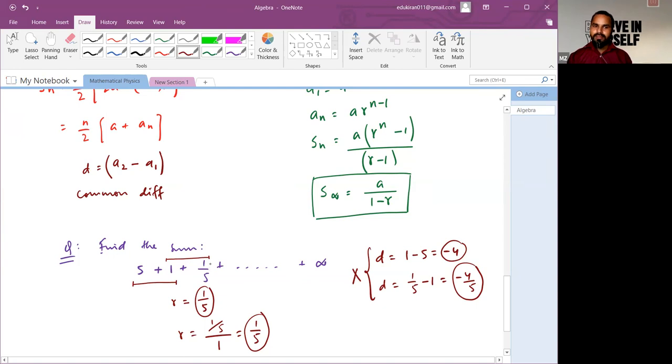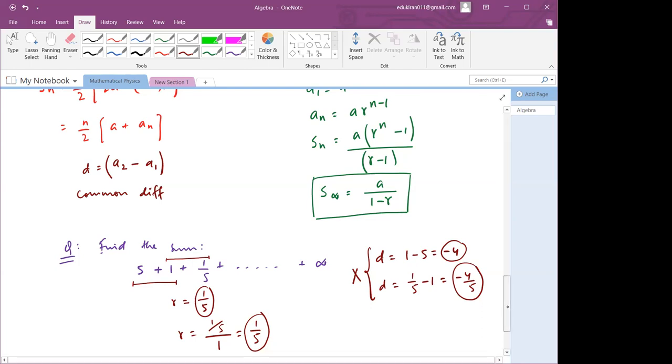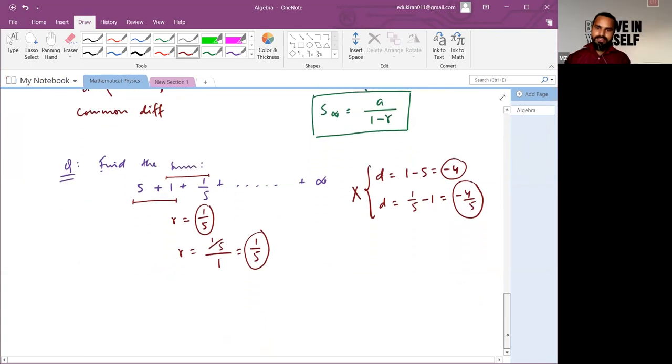For the next term, A3 is 1 by 5 and A2 is 1, so it will be 1 by 5 divided by 1, which comes out to be 1 by 5. Now just compare, are these two common ratios equal or not? Shakir? Yes, sir, very close. Okay, so we can conclude this particular series would be in GP.